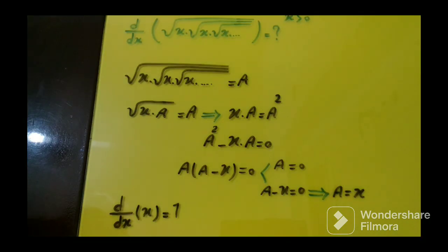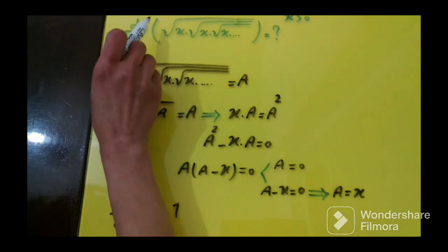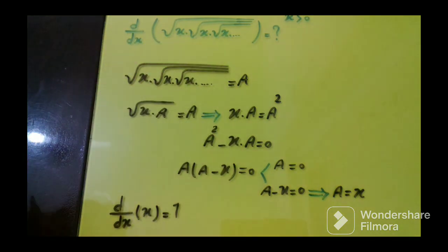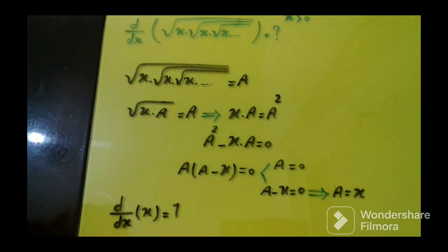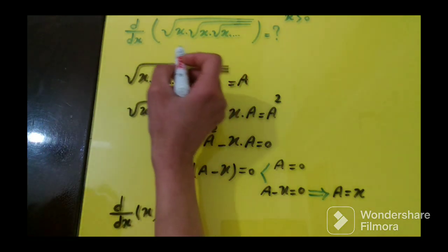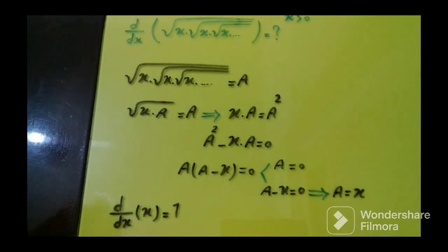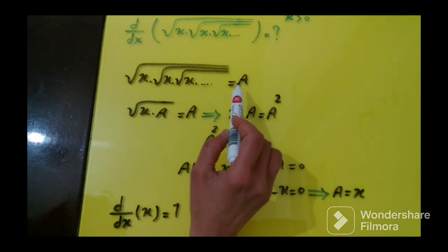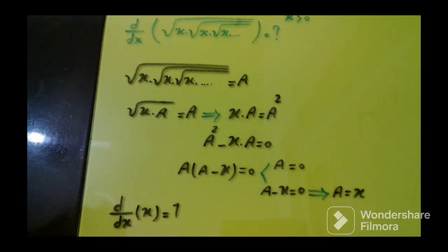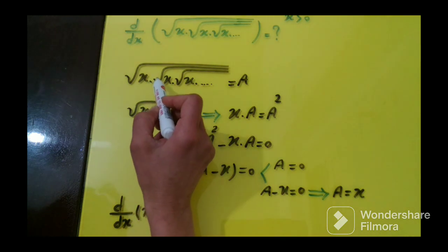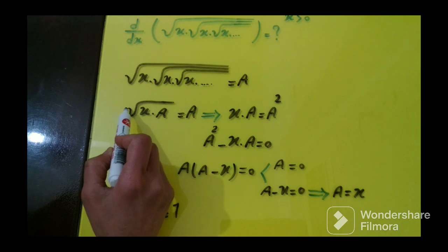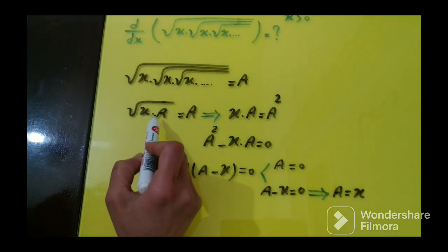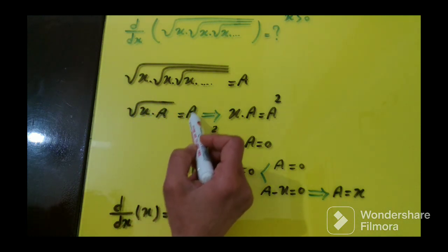Okay guys, in this example, as you see, a square root of it repeats and x is positive. For getting the derivative of this function, first of all, we should simplify this term. So I put the name of this function a. As this term, square root of x, repeats, I can write square root of x times a equals a.